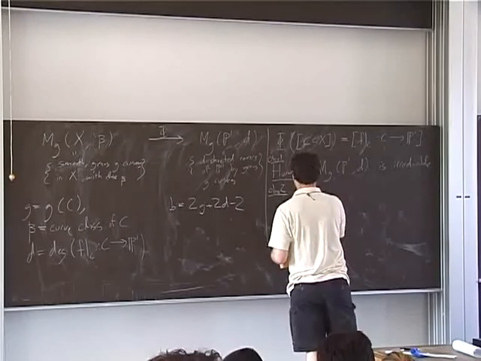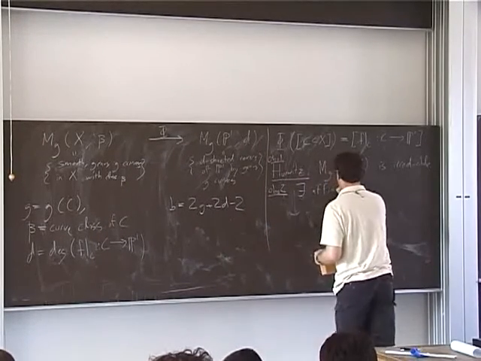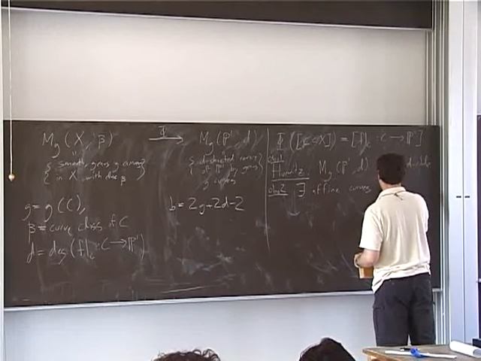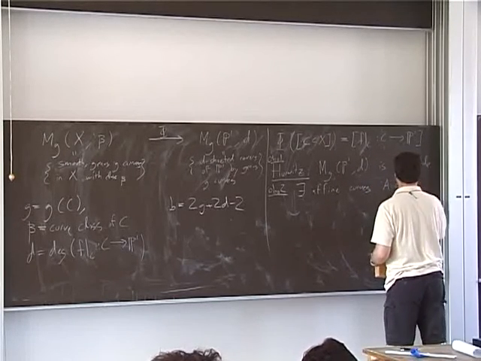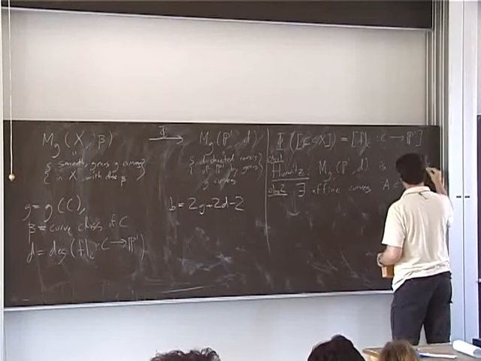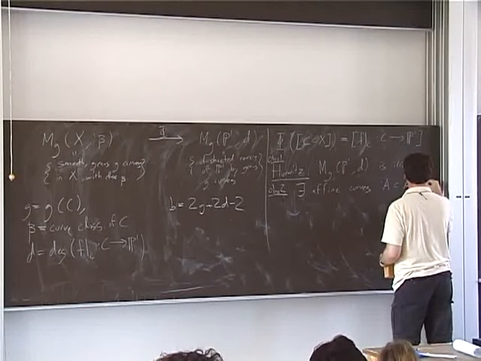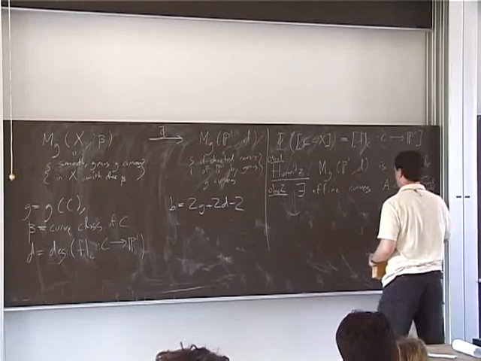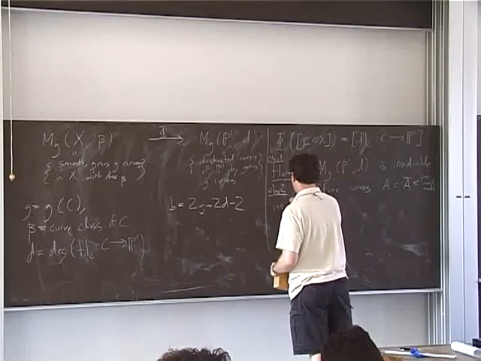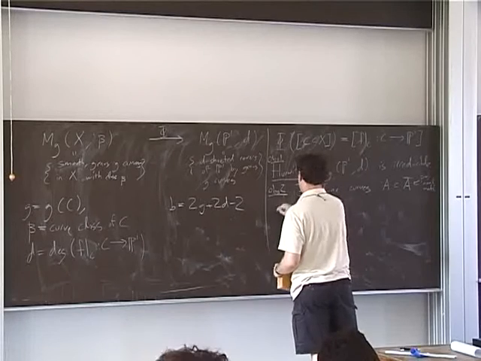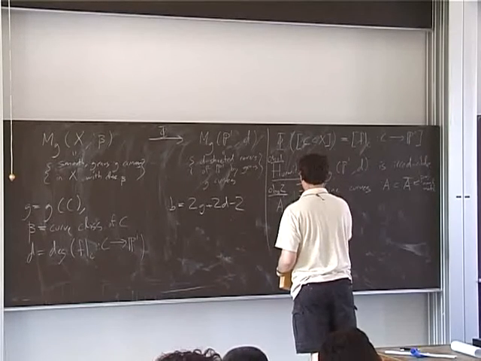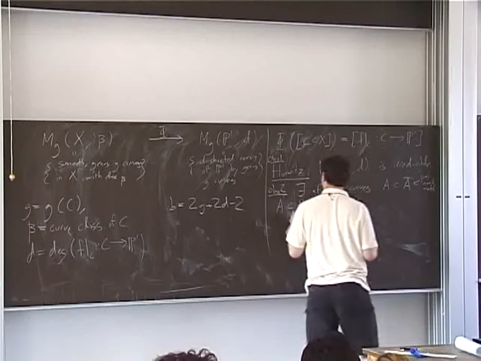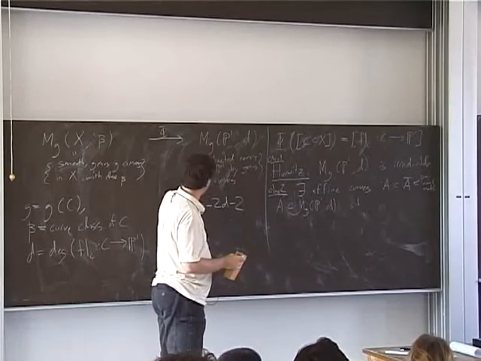affine curves, say A, sitting inside of A bar, so sitting inside of the projective normal curve, the projective normal model. So A is inside M_g(P1, d), such that the points of A parameterize a family of covers of P1.